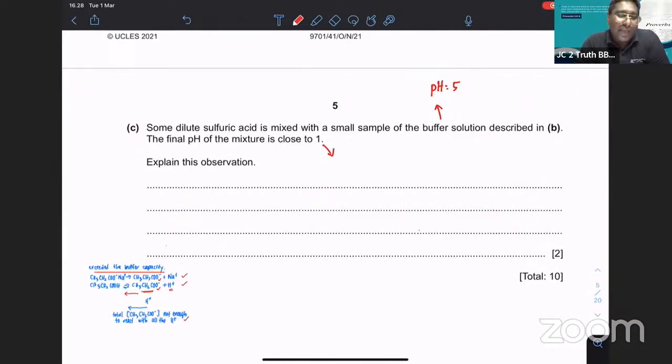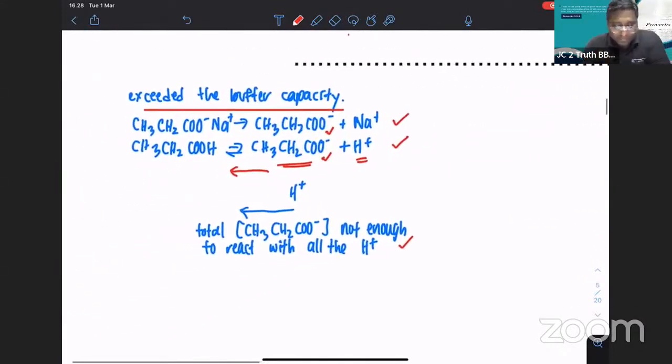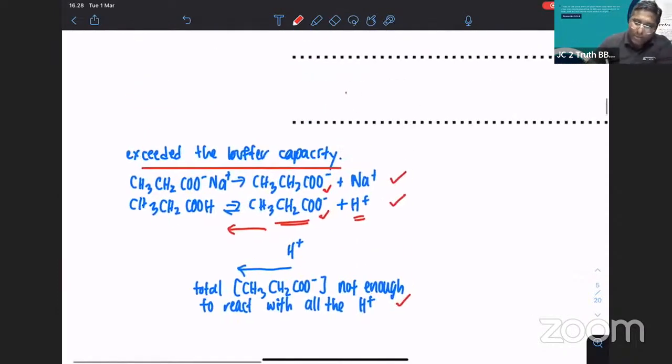So in this case, what happens over here? Whenever you have any buffer, in this case you have the salt, they are going to give you this equation. If you have the salt, you have 2 equations: the first equation, and then the second equation, which is a reversible reaction for the carboxylic acid.